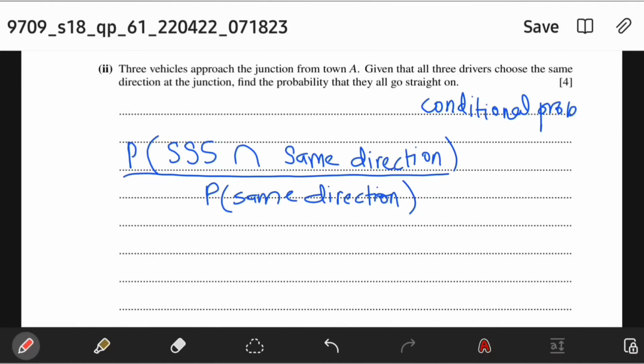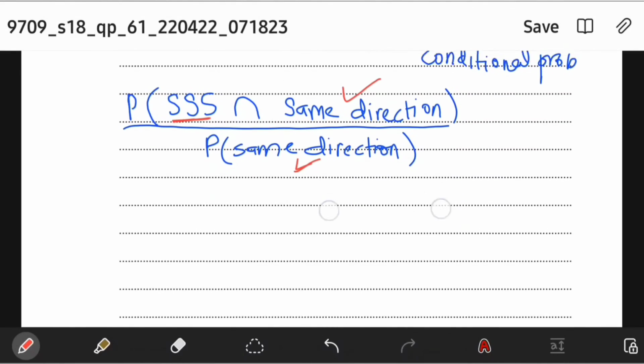So conditional probability is the measure of the probability of an event occurring, given that another event has already occurred. So we are to find the probability of the cars going straight on when this has already occurred. Right? So let's do the calculations.